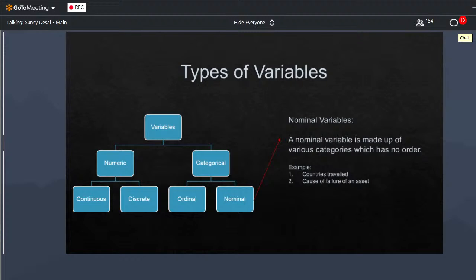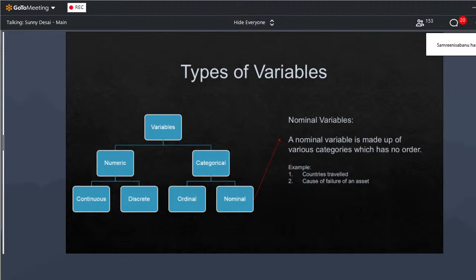So right now my values are 1 and 2. Is it a numeric variable or a categorical variable? Come on, very quickly.